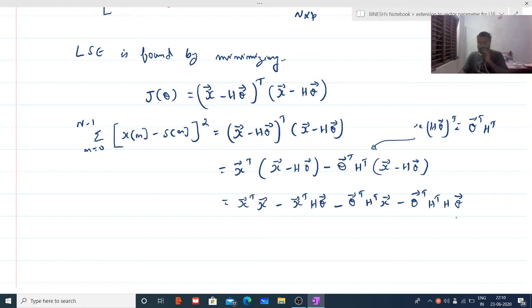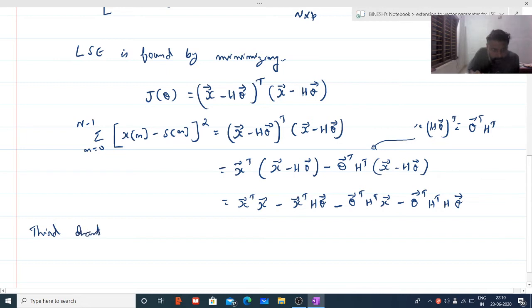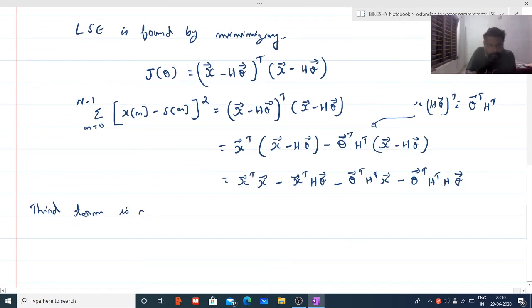The term theta transpose H transpose X is a scalar quantity, and it can be written as the transpose of H theta transpose X, which is nothing but X transpose into H theta. So the third term is a scalar quantity.